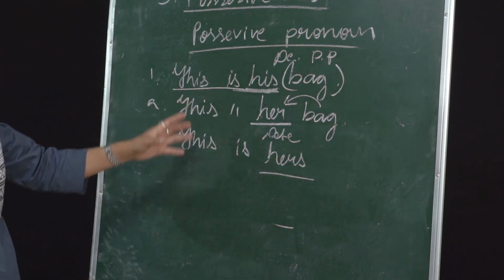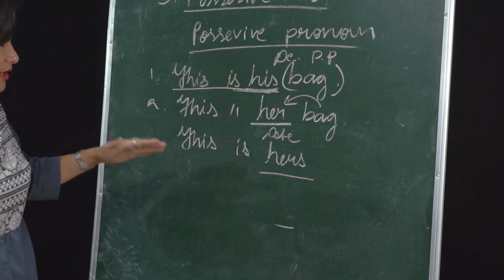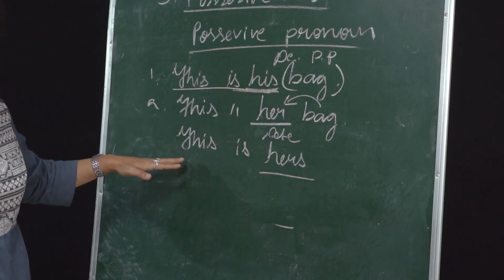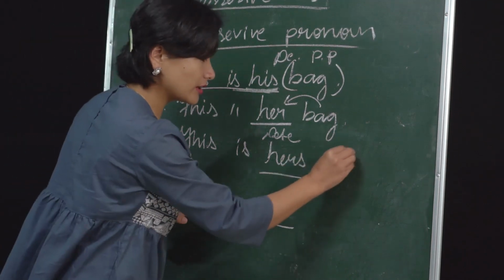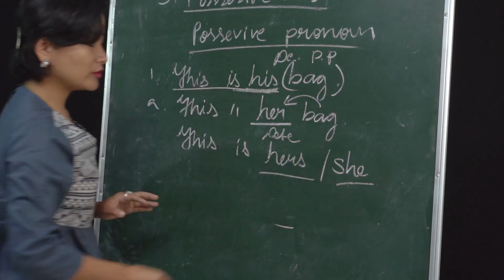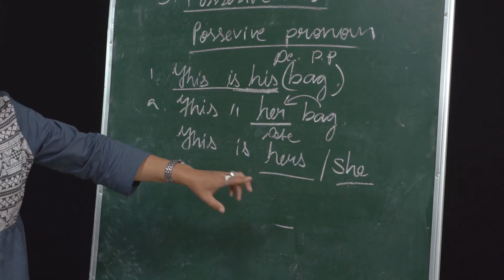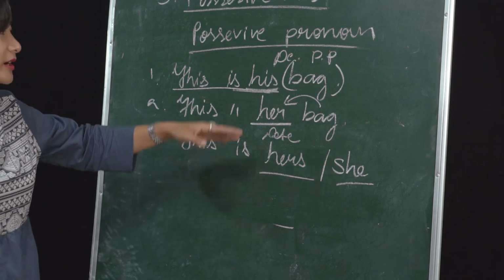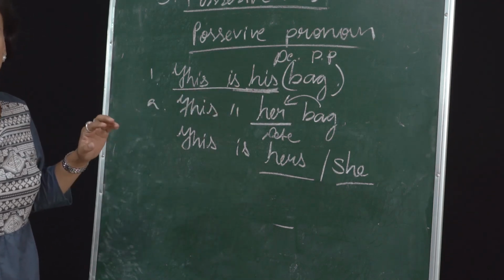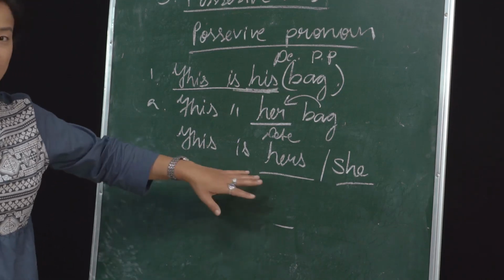So here is the difference that you will find here. We can use it in these kinds of cases and in these kinds of cases as well. Now, she is different, all right? Again, a common error here is we usually go with the pronoun she. But the possessive pronoun here is hers. And regarding his, that is a different case. It does not turn into a new word in this manner, all right?